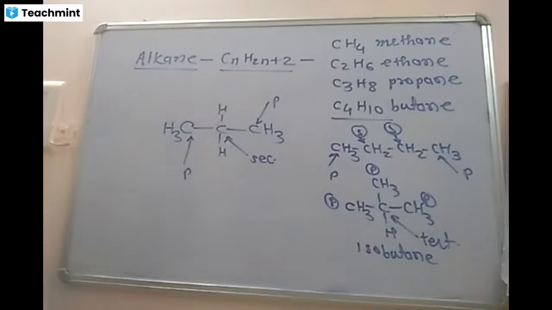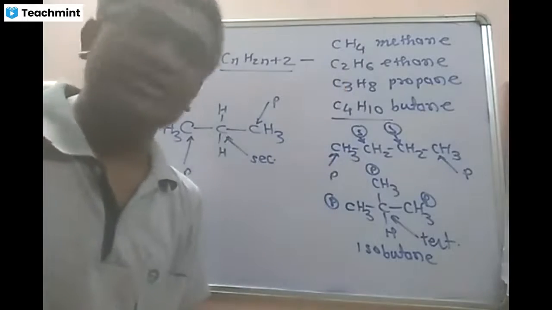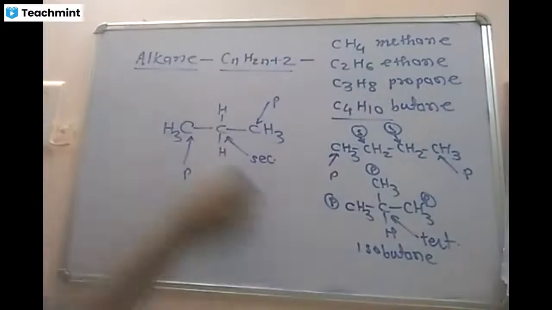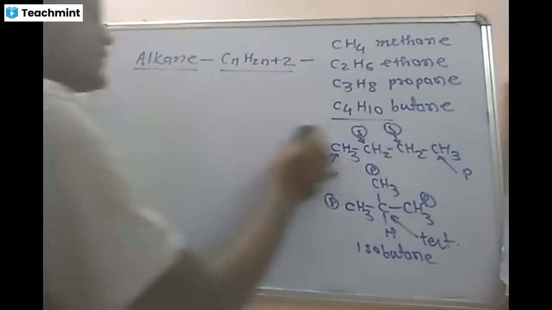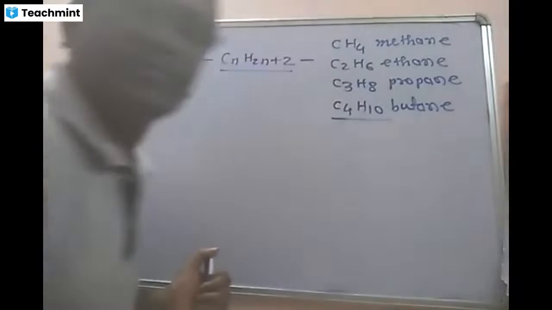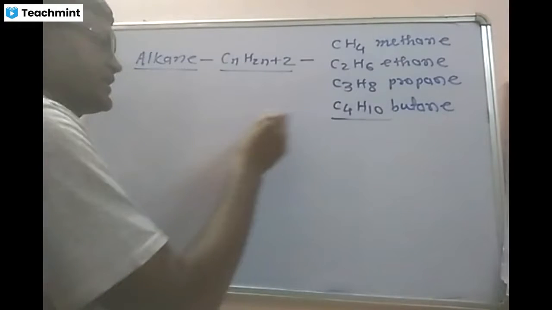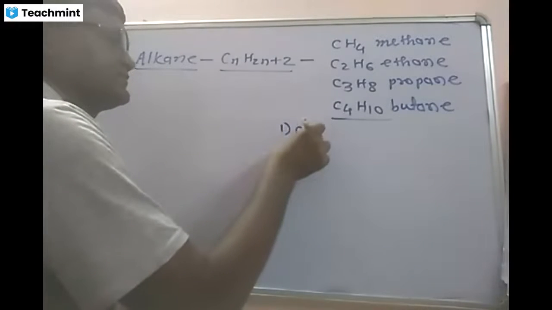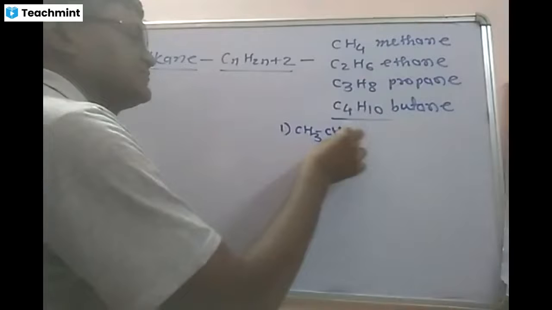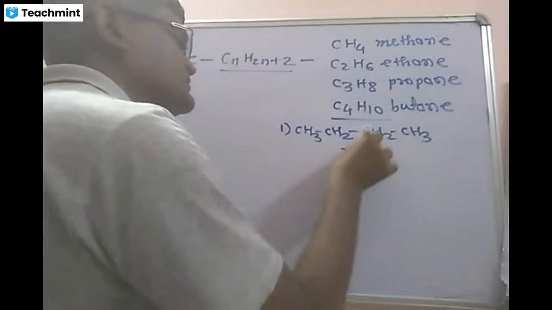Now I have to remove the hydrogen from these structures. यहाँ पे 4 है, 4 में से इनिशियली जो 3 कंपाउंड है उस पे हम काम करेंगे. So this butane can have this type of arrangement, known as n-butane.